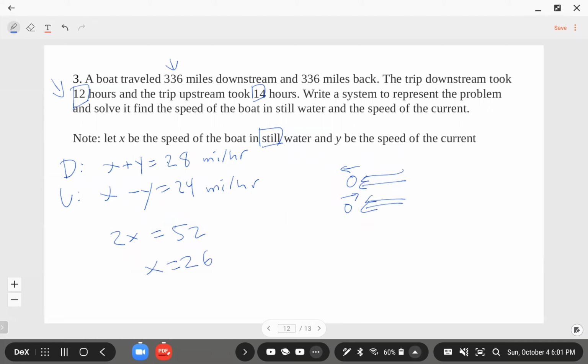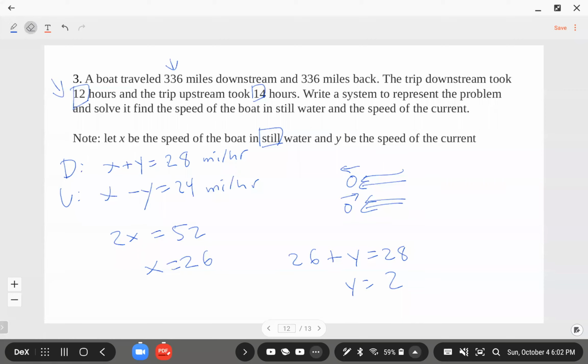And then we just put that in. So 26 plus y equals 28. We just plug that into the first equation, which is the downstream equation. Then y equals 2, right? y equals 2. The speed of the current is 2 miles per hour.